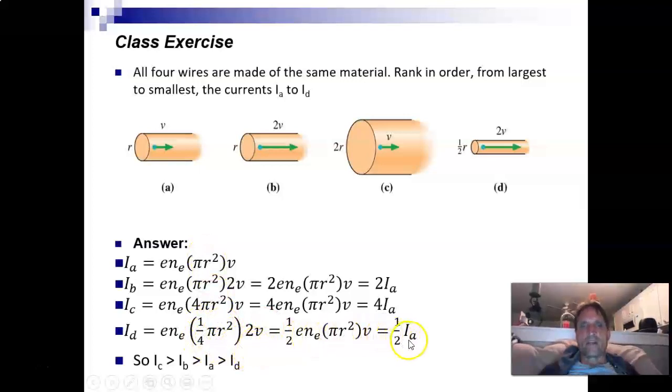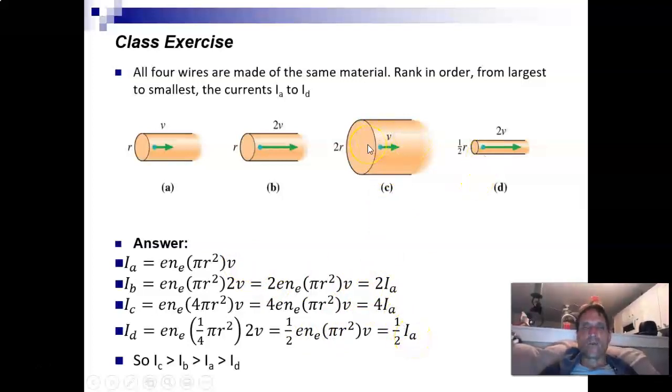And that ends up being only half the current of A. And so the answer in this case is that wire C has the largest current, followed by B, followed by A, and then D is last.